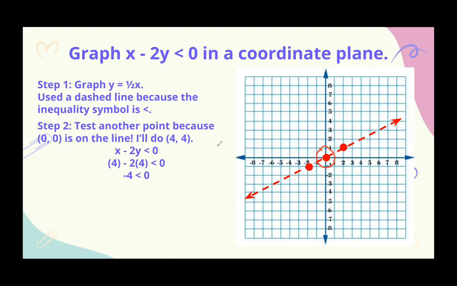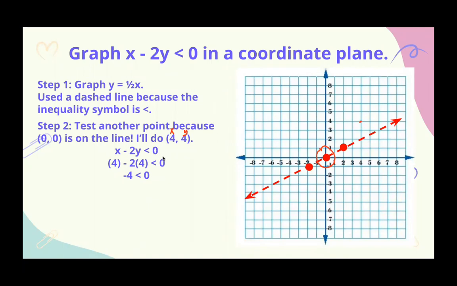Now I recommend that you use any positive value and the same value for both the x and y coordinate, so that if you do end up accidentally mixing up what you plug in for x and y, there won't be any error since both of them are the same. So I'll do 4, 4, and we can see here that 4, 4 is not on our boundary line, so it's all right to test.